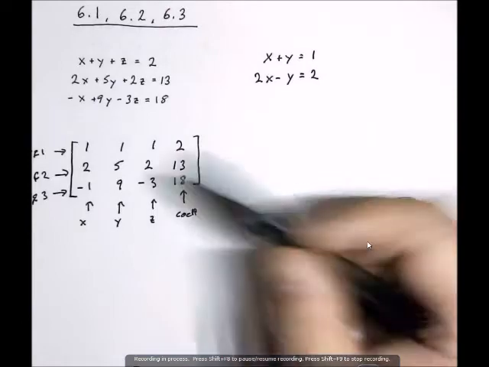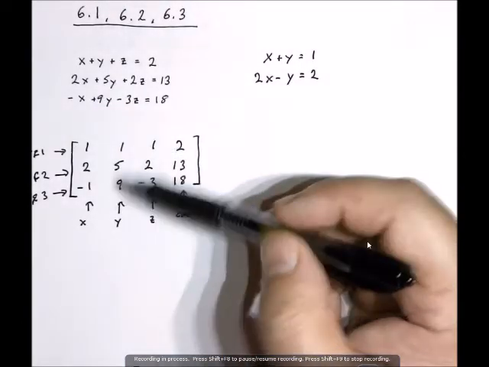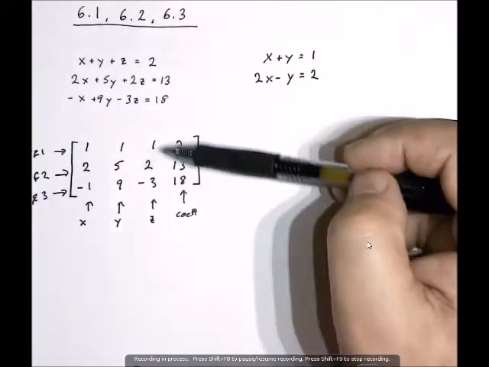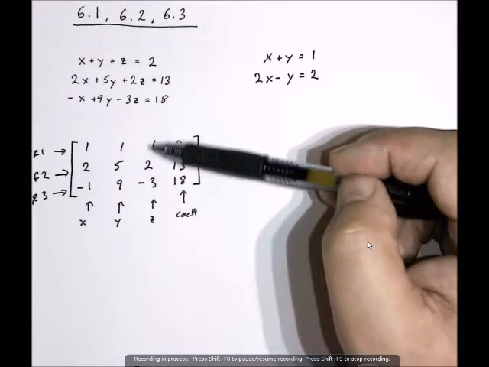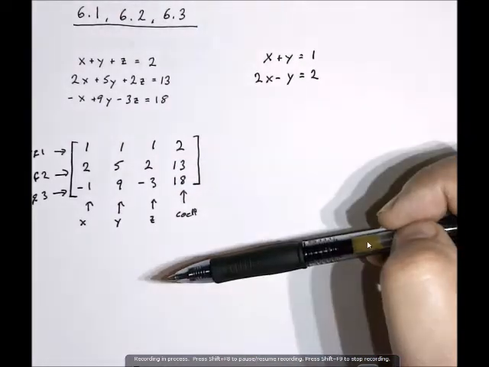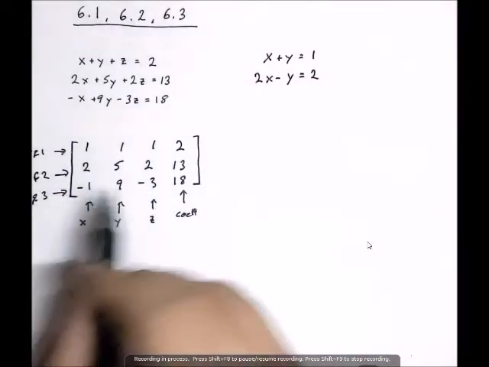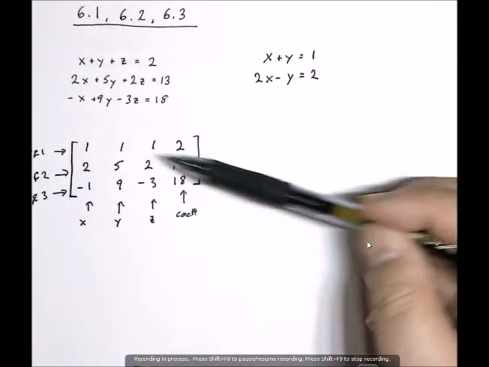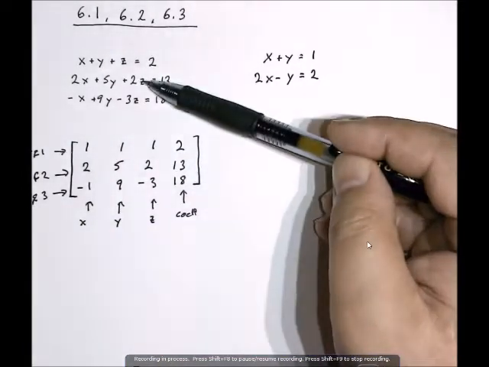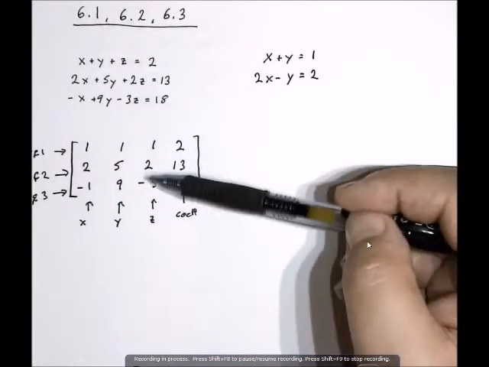When you write these in an augmented matrix, you have to make sure the x's, the y's, and the z's are all lined up. And if you're missing one, put a 0 in its place as a placeholder. And we can go back and forth. In other words, if I'm given this, I can easily get this, and if I'm given this, I can easily get this.